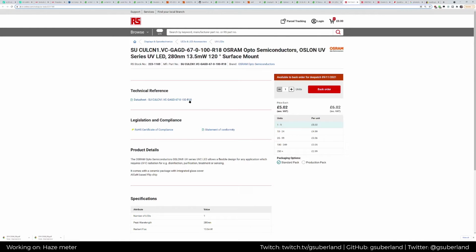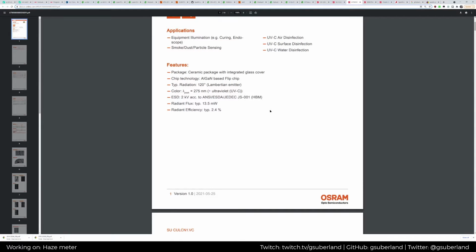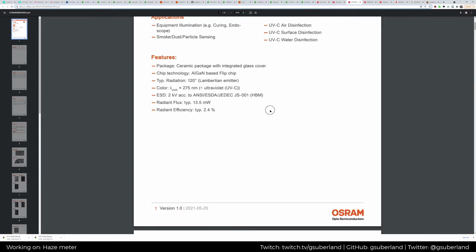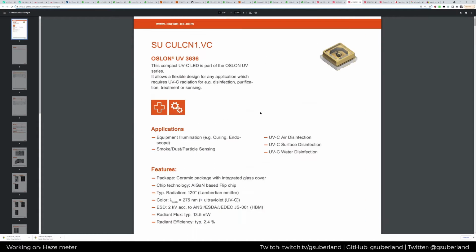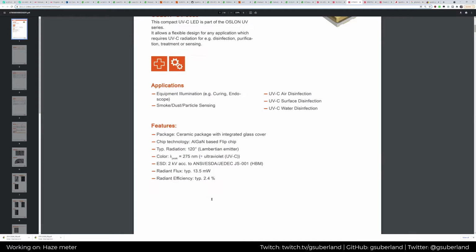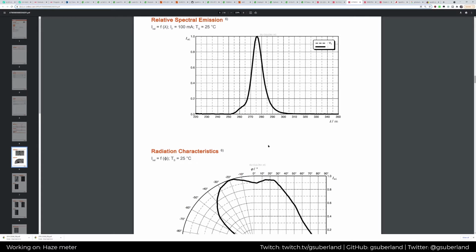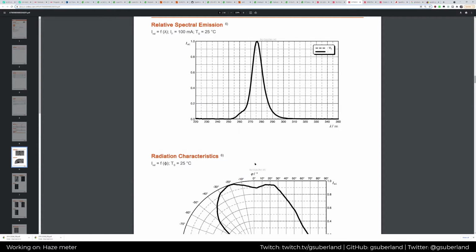Let's see what the emission spectra looks like for that. Yeah, 375 is not too bad. Where are we? So it peaks at 275, which might mean it's no good. Oh wow, no, that's quite broad. Ah, no, because we want it about 330, don't we?